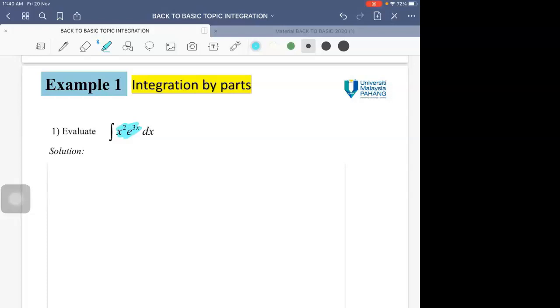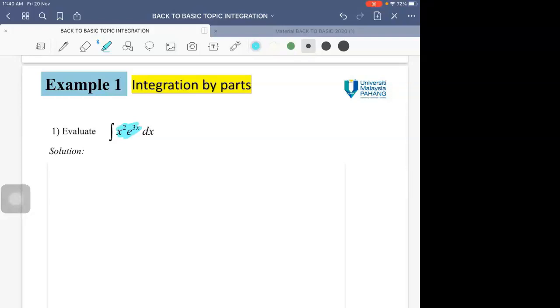So that's why we need to use another alternative technique of integration, integration by parts. So please decide what should be your u. You have x squared and exponent. Polynomial, good. So x squared is polynomial.